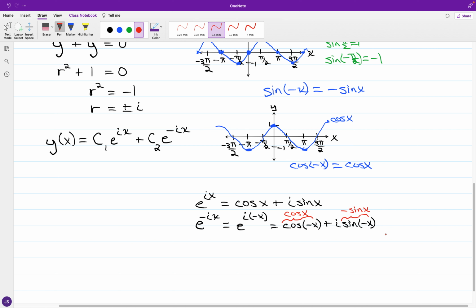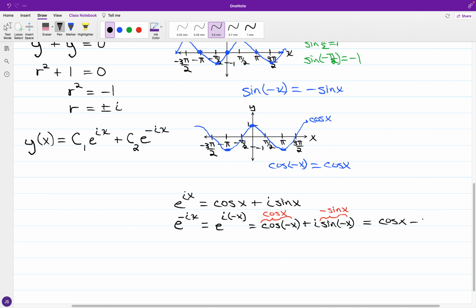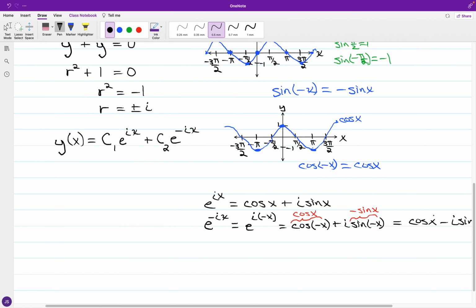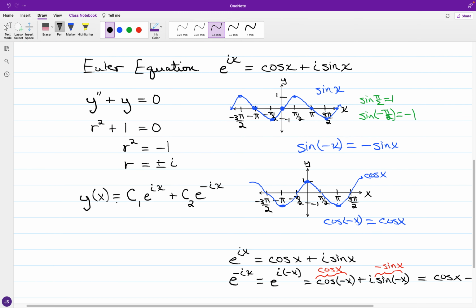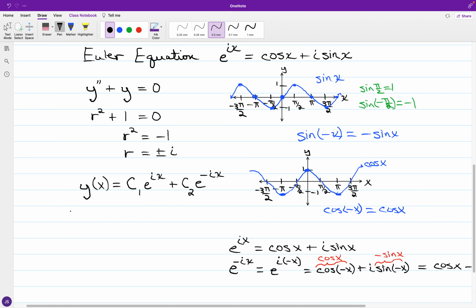So while e to the ix goes to cosine of x plus i sine of x, e to the negative ix is going to be the cosine of x minus i sine of x. So going back to the solution set for y of x from y double prime plus y equals 0, I want to write this without the complex coefficients.